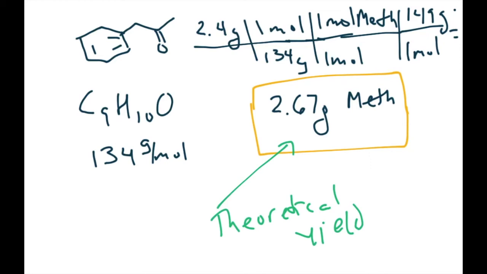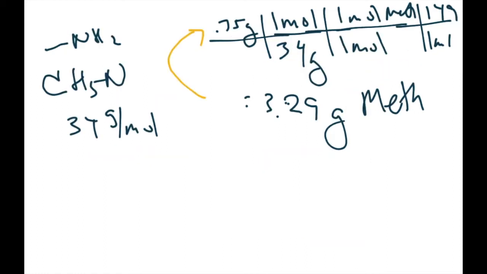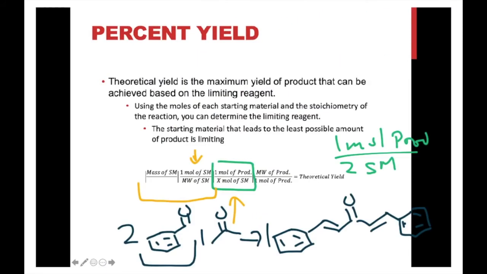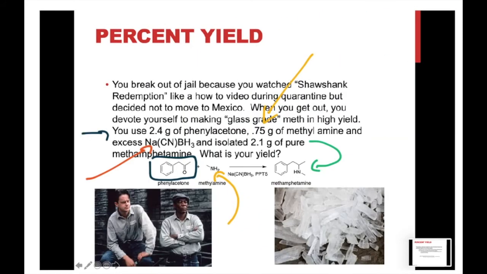Now you have the number that goes in the bottom for your yield calculation, right? Because percent yield, again, is actual yield over theoretical yield times 100%, right? So our actual yield, let's click back, was 2.1 grams.